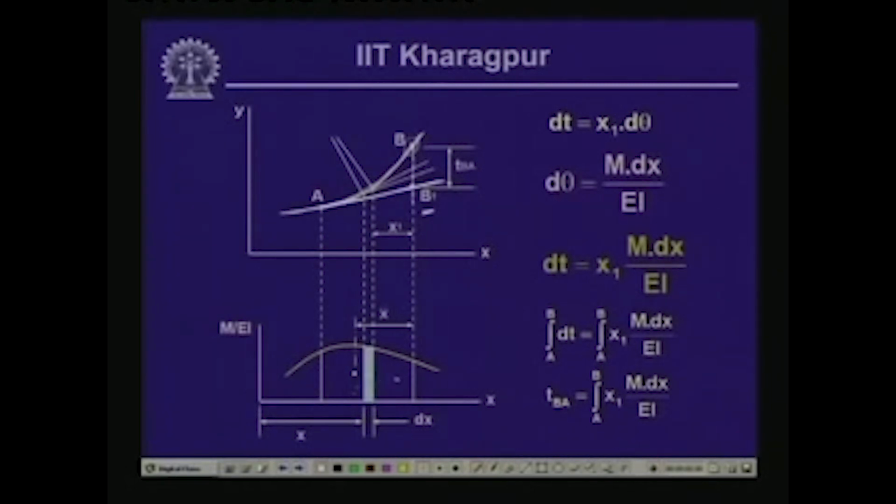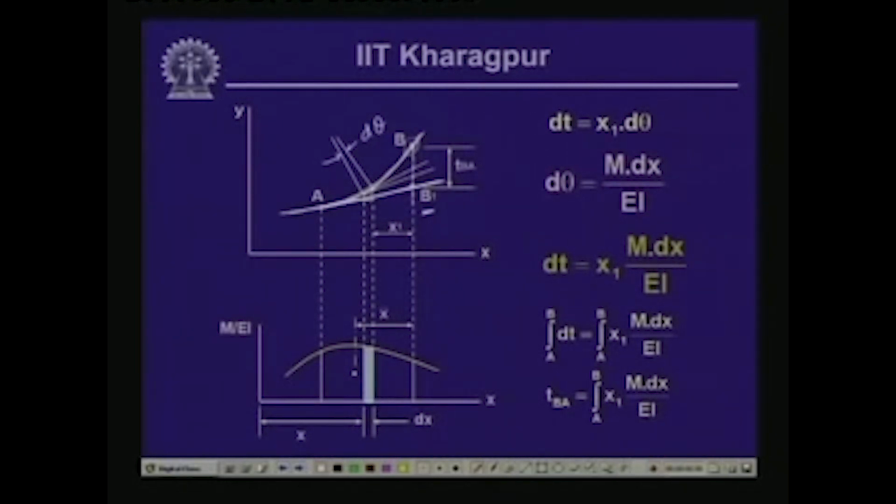Now, let us look into this. If we go exactly in the same way as we have done earlier for the first moment area theorem, here we choose a small segment, say of length ds, and as usual this makes an angle of d theta at the center, and considering that this is a small deformation problem, the slope is small.